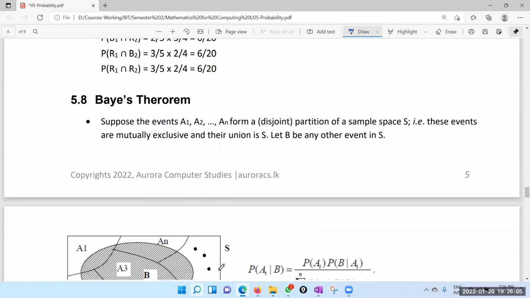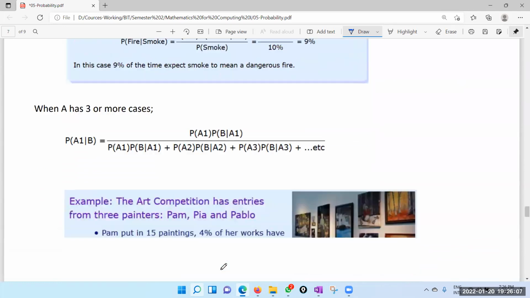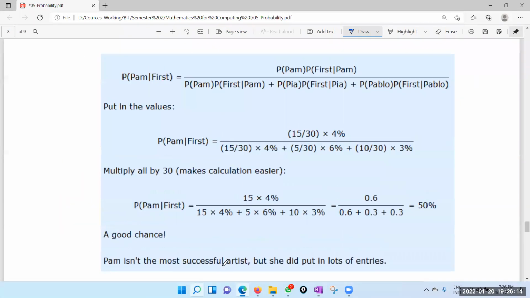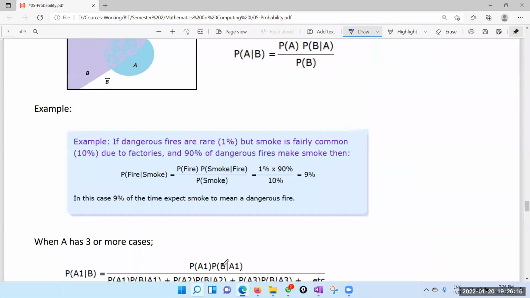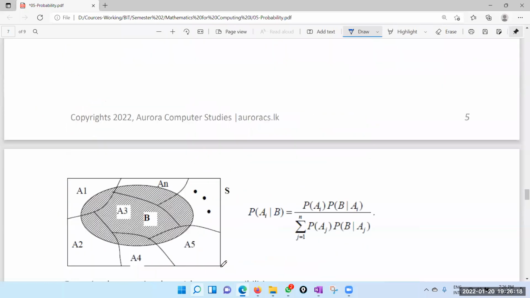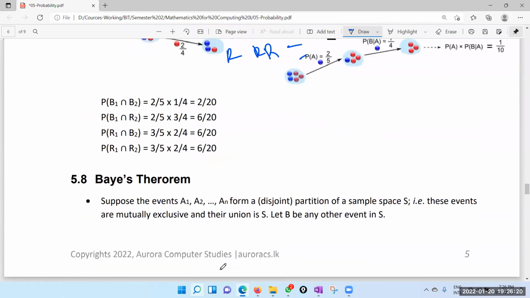Now we are moving to our final topic, that is Bayes theorem. This is a somewhat complicated theorem, so I want to tell you first: if you feel that it is a really difficult or fuzzy part, you can just skip this, because in the exams you get a question on it only once in a while, maybe every 3 years.